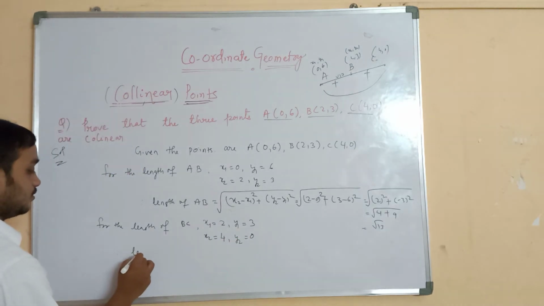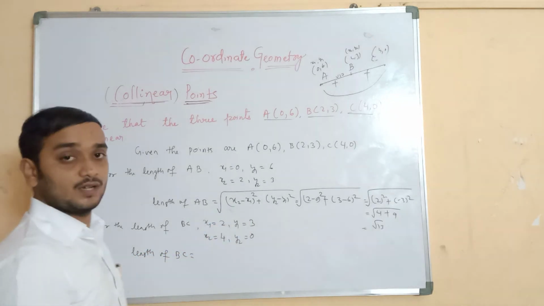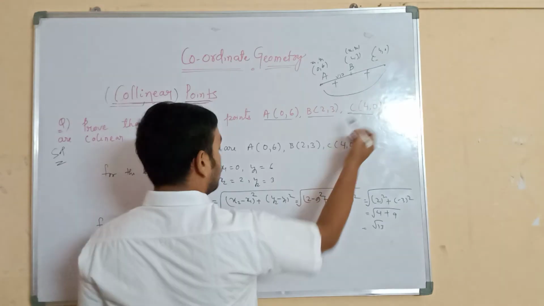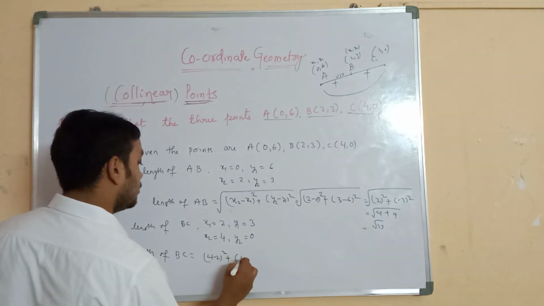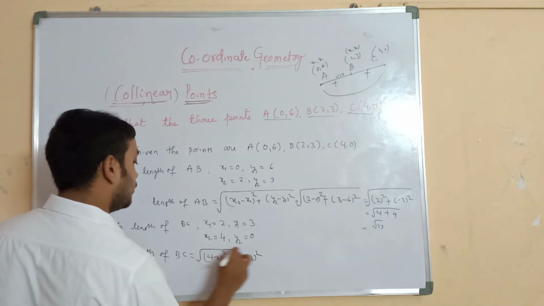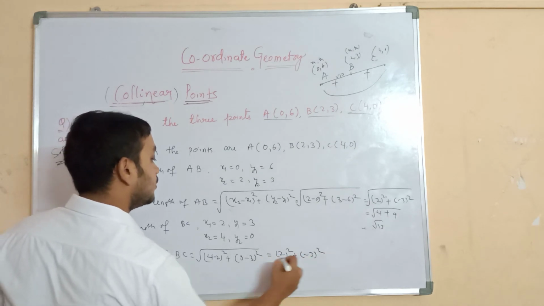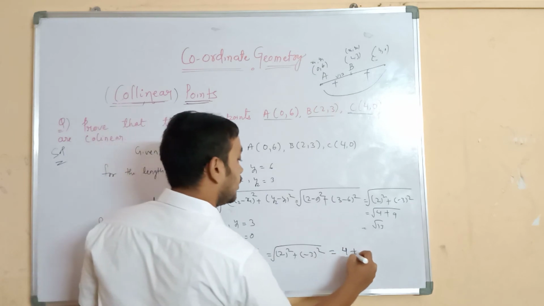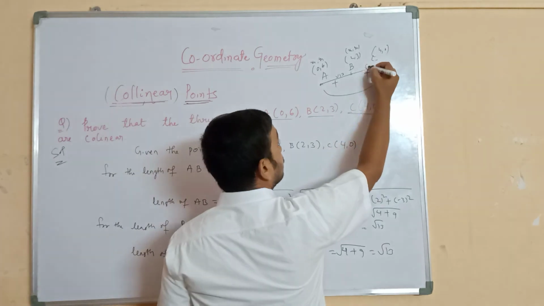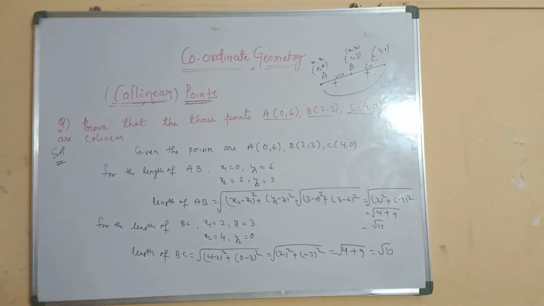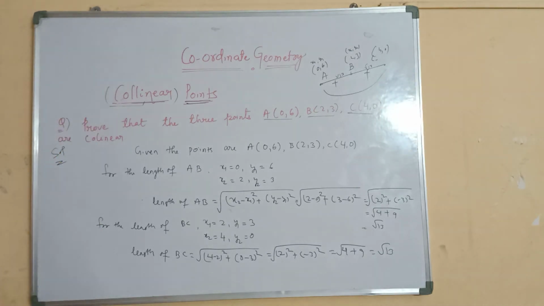Therefore, length of BC is equal to the same formula: 4 minus 2 whole square plus 0 minus 3 whole square, that is 2 square plus minus 3 whole square, 4 plus 9, that is root 13. This is also root 13. Now the remaining portion is one length.